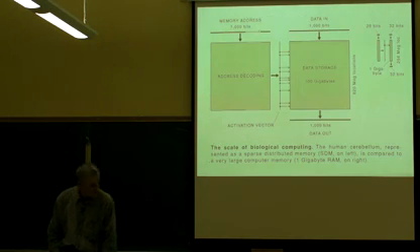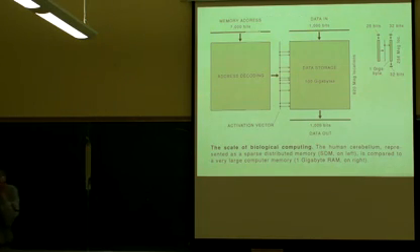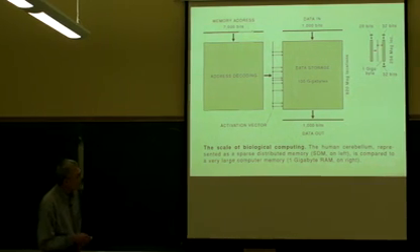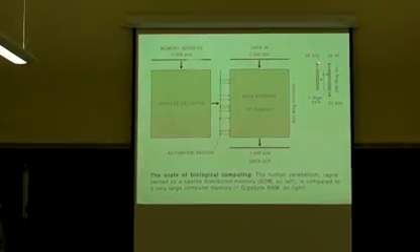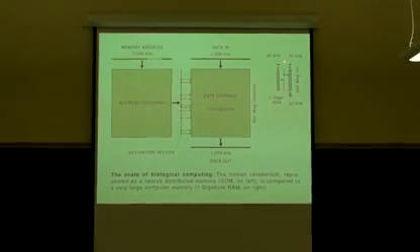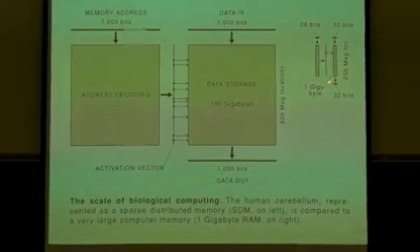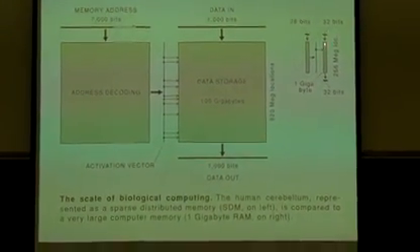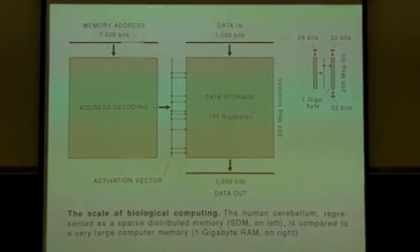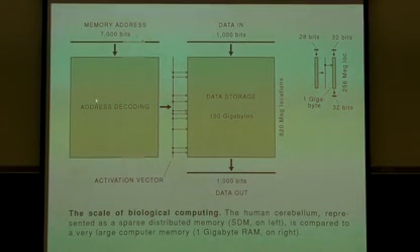Now I put biological memory and computer memory in contrast with each other. Here's your computer memory: 28 bits of address and 32 bits of data, and so you have 1 gigabyte. And the cerebellum memory, these are some numbers corresponding to it.